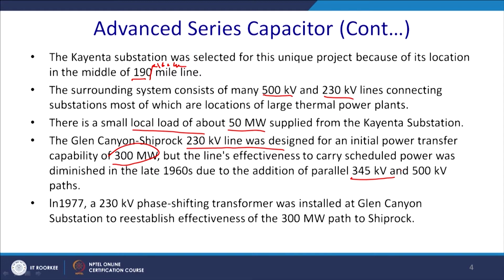In 1977, a 230 kV phase shifting transformer was installed at the Glen Canyon substation and re-established the effectiveness of the 300 megawatt path.